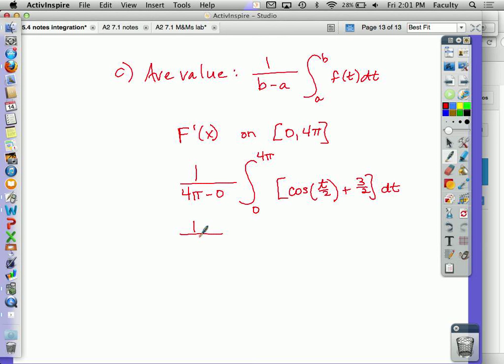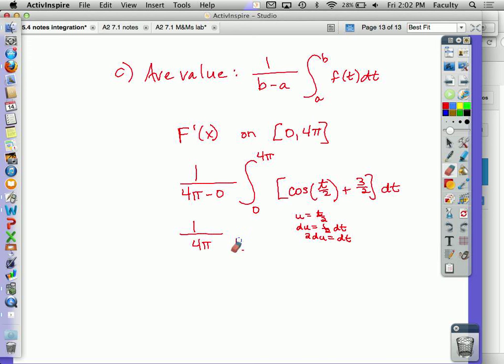So now you are doing the integral here. That's going to give me, when I can integrate this, okay? And you do need to do that u is t over 2, so du is 1/2 dt. So 2 du equals dt.